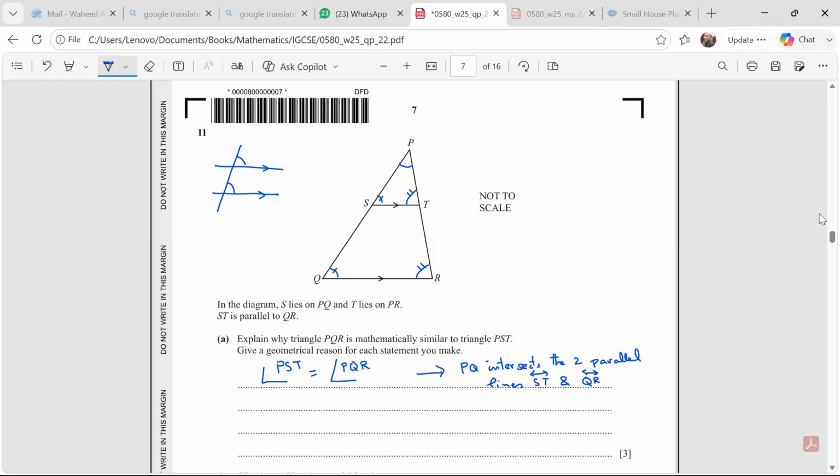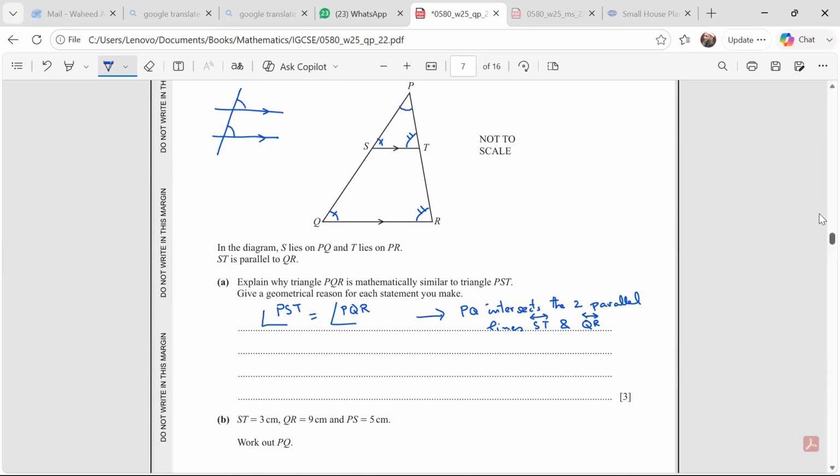Okay, I don't remember if this is called similar angle, not similar angle, corresponding angle. I'm not sure. Anyway, that's the reason you can give, and the other angle is the same because it is common in both triangles.